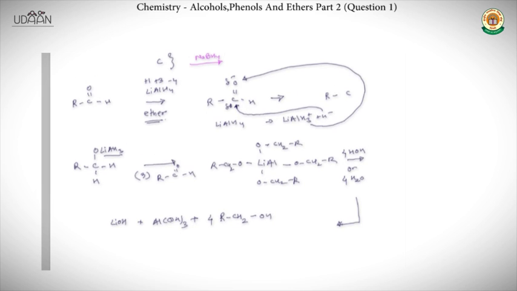And now we shall see the learning part of this mechanism. The most important part, on the basis of which we can solve the above question, is that the H minus attaches to C. As you can see in the mechanism, this H minus is attaching over to C, and the H of water is attaching to the oxygen atom, the oxygen atom which was already existing.